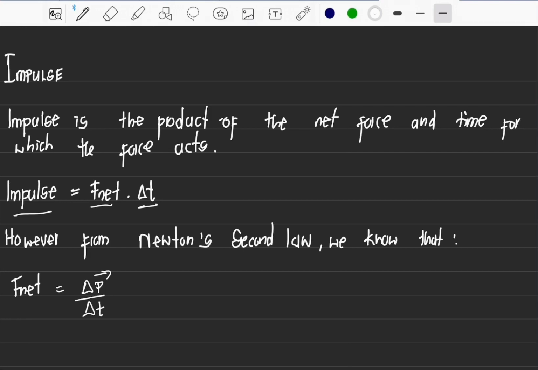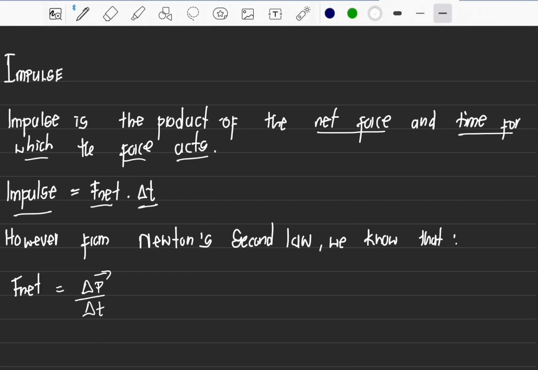So if we go up here, we can see that impulse is the product of the net force and time for which the force acts. So that's how you get to formulate your definitions from formulas. Whenever you forget it, don't panic, just go to the back of your question paper and try to find the formula. And after you found the formula, try to form a definition from it.